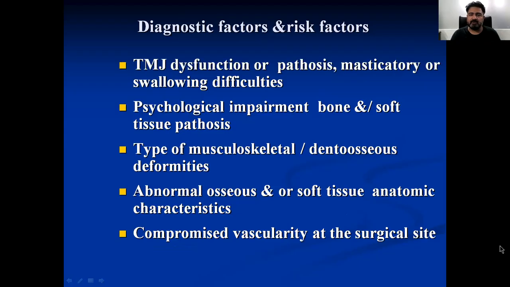Also TMJ dysfunctions or pathosis, masticatory swallowing difficulty, psychological impairment, bone and soft tissue pathosis, types of musculoskeletal or dentofacial, dento-osseous deformities, abnormal osseous or soft tissue anatomical characteristics, and compromised vascularity at the surgical site.